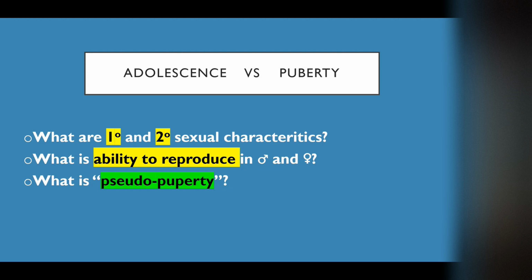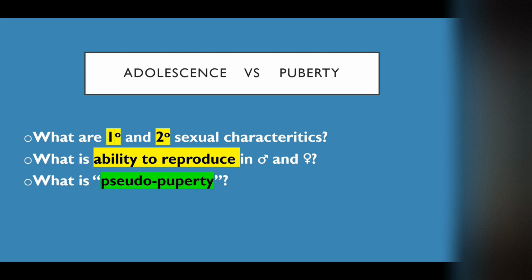And pseudo-puberty, the definition of pseudo-puberty. It's related to the first question. It has to do with sexual characteristics. Primary characteristic would be like secondary? No, exactly the opposite of what Sean said.